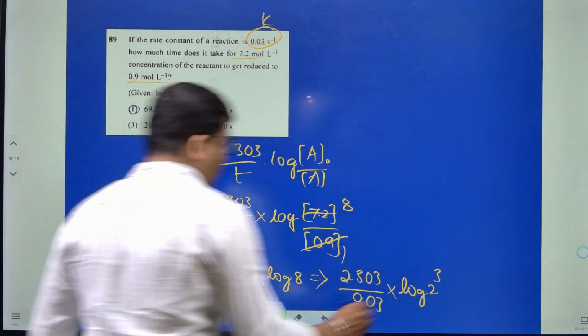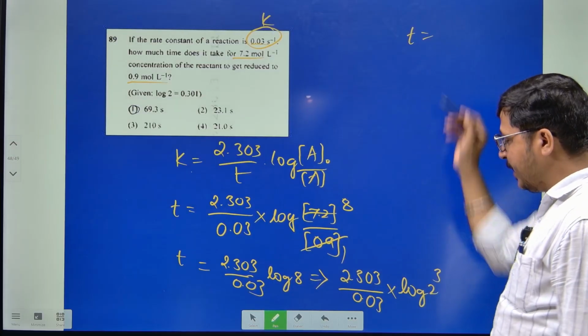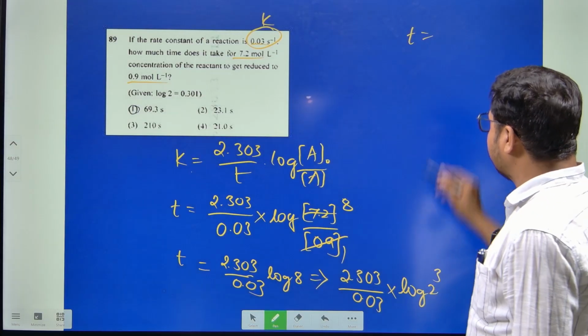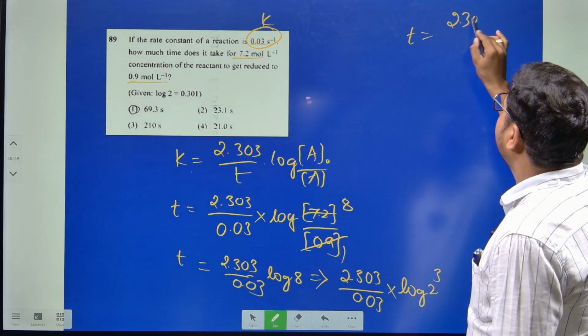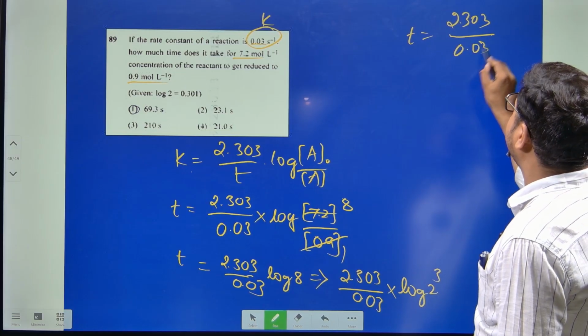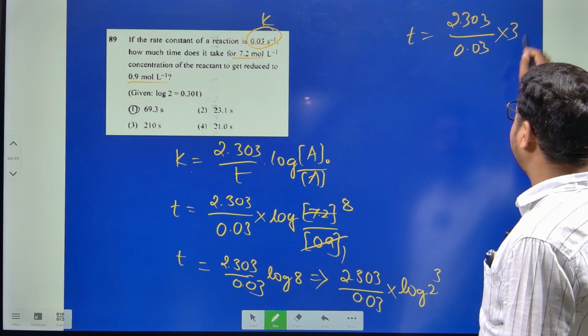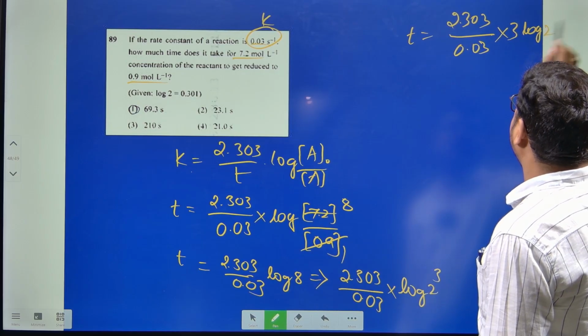Therefore t is equal to, I will solve here because of lack of space, 2.303 divided by 0.03 into log of a raised to b is b log a. So that is 3 log 2.